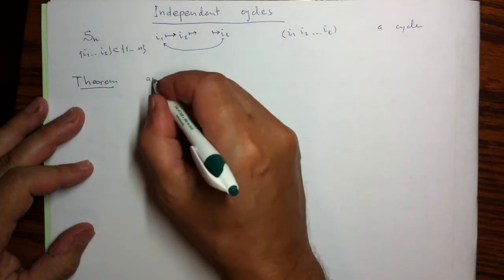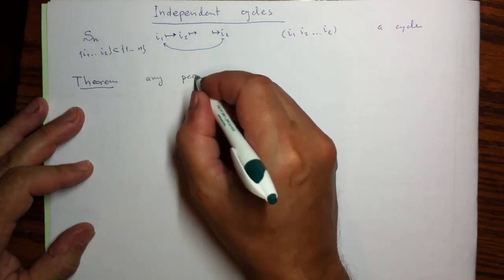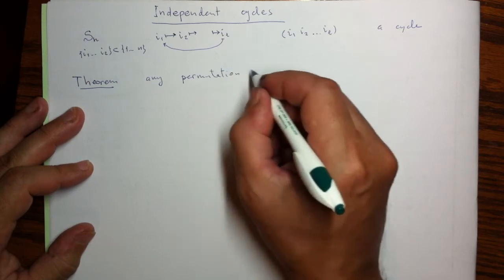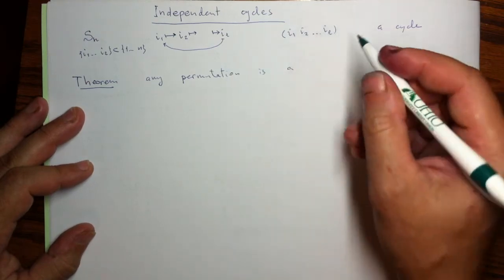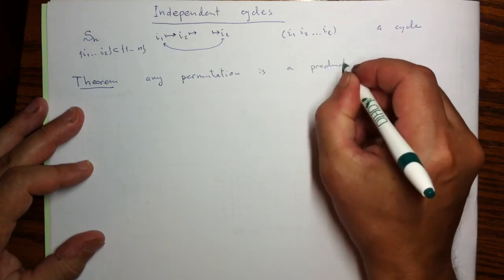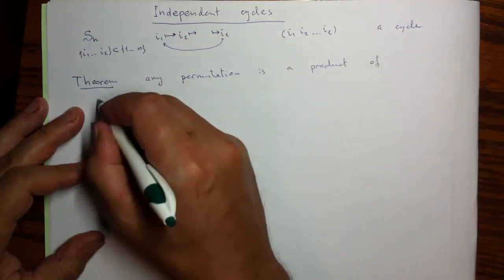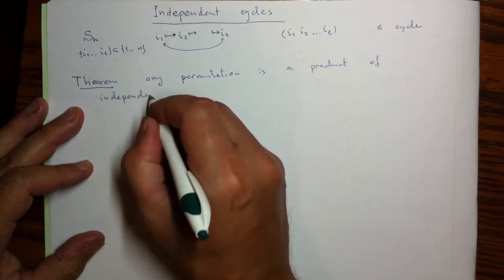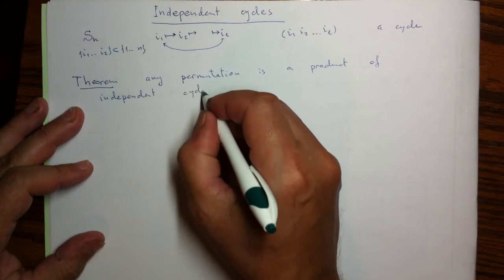about any permutation. That it is possible to write it as a product of independent cycles.